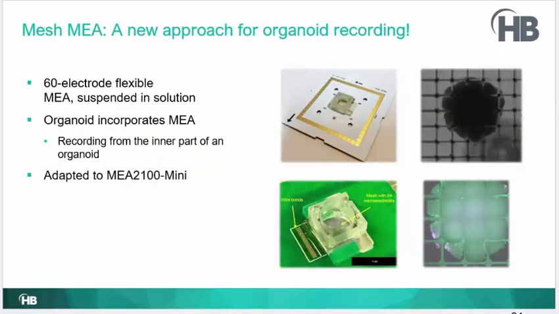We also have other techniques for understanding what's going on in organoids. In previous studies, including the one I just mentioned, organoids are studied on the MEA, which is a flat piece of glass with electrodes on the surface. Although you can get some information using that kind of technique, there are limitations.